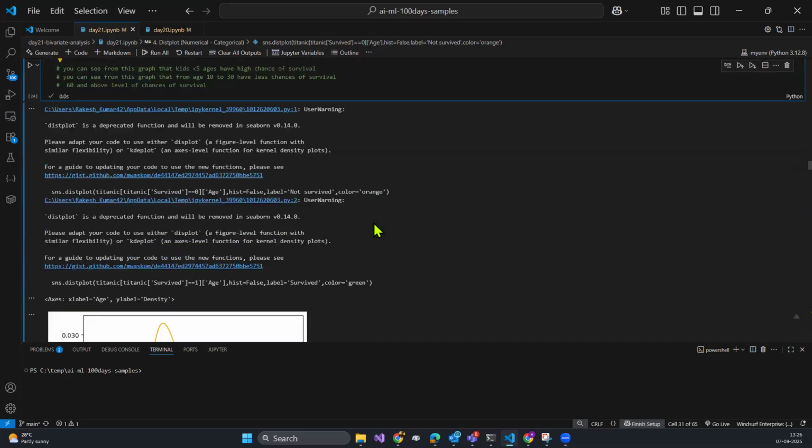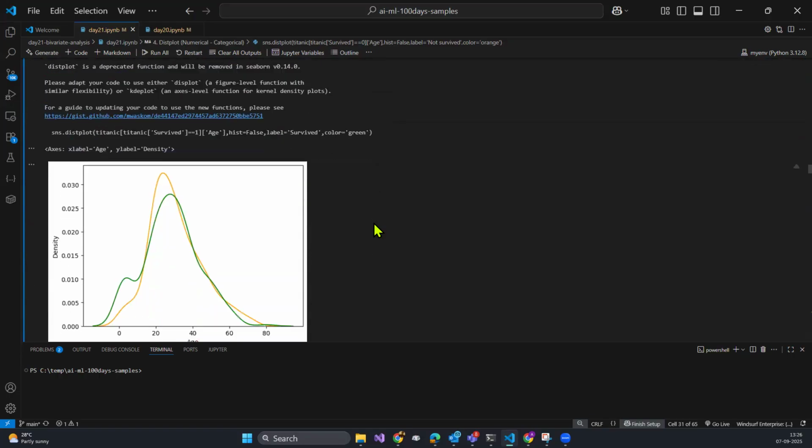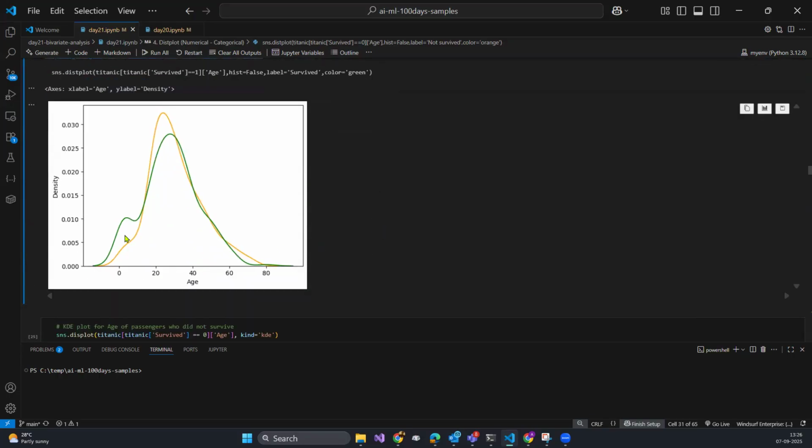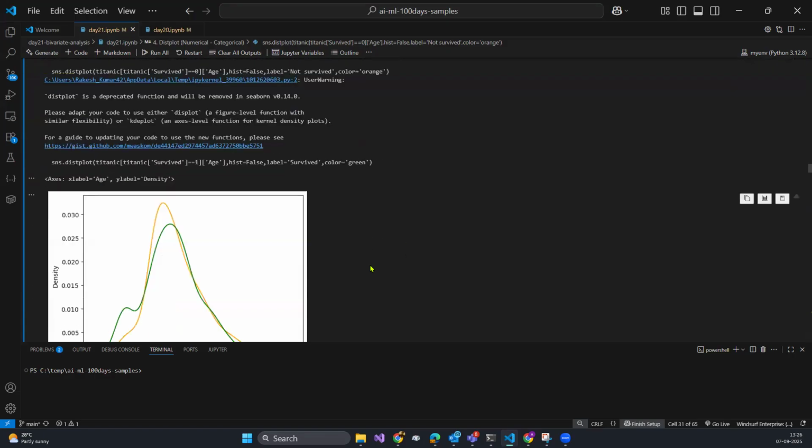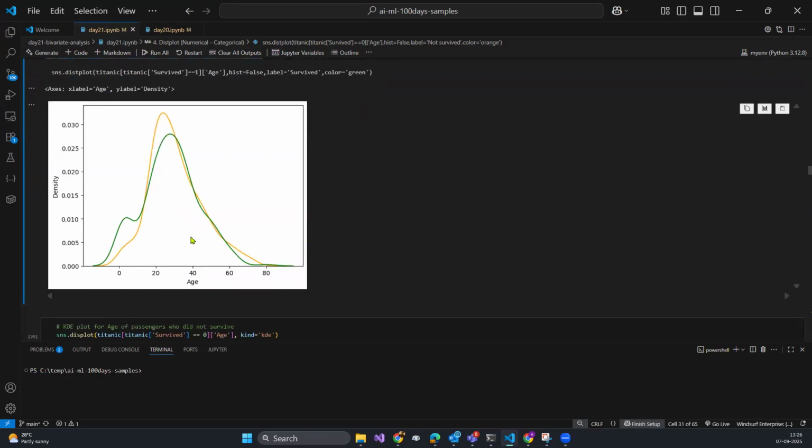So from this graph, we can see that green one is survived. So we are seeing from 5 to less than 15, up to 10, compared to not survived, survival chances were more, up to 10. Means for kids, the focus was more.